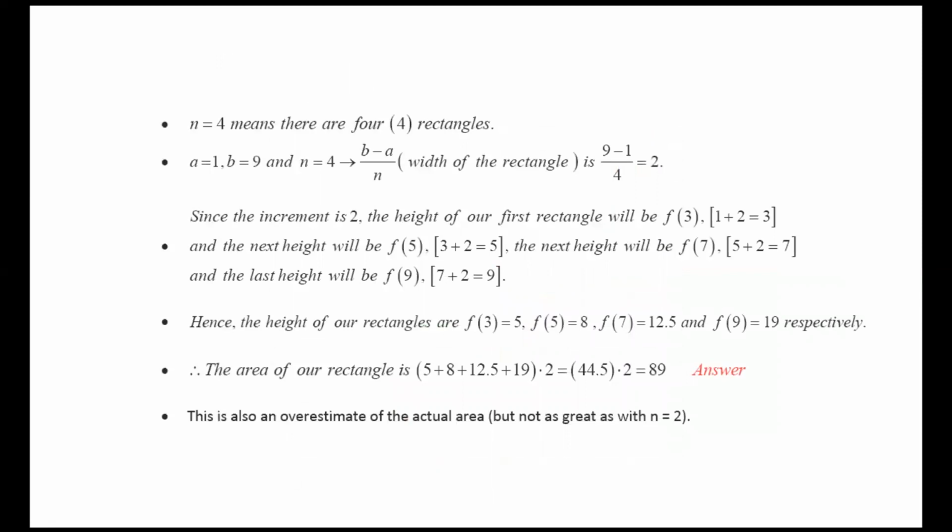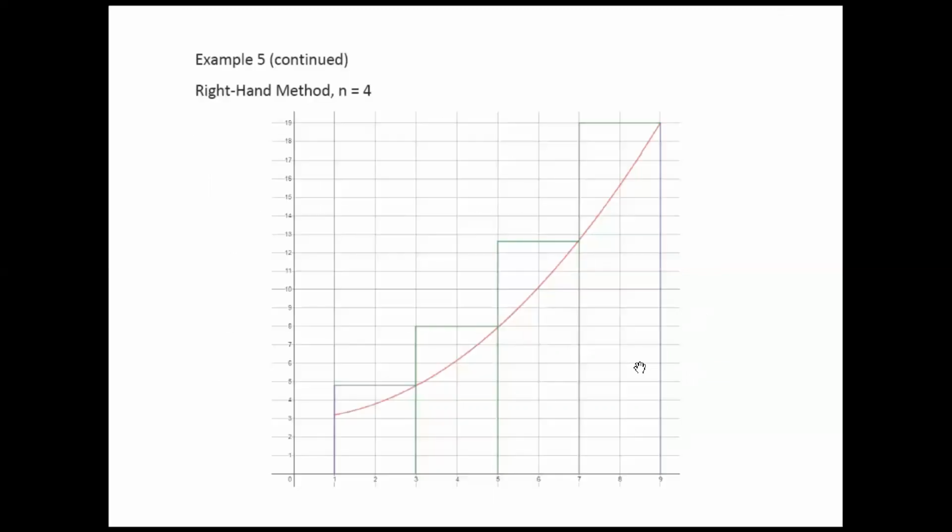I did make an estimate, that's about 12 and a half there, so to be a little more accurate, we put it all together and this is 89. Still quite an overestimate, but certainly not anything like that first rectangle, which was really big. So we're closing in on the answer.